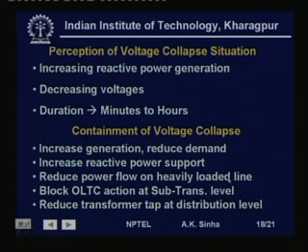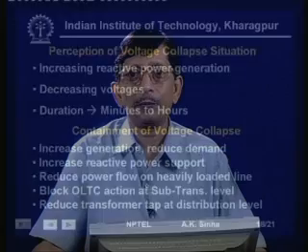Reduce power flow on heavily loaded lines by trying to route it through other lines. Of course, this is not very simple, but now with the flexible AC transmission system devices, that is the FACTS devices, this is possible to do, and people are looking at controls using these FACTS devices.